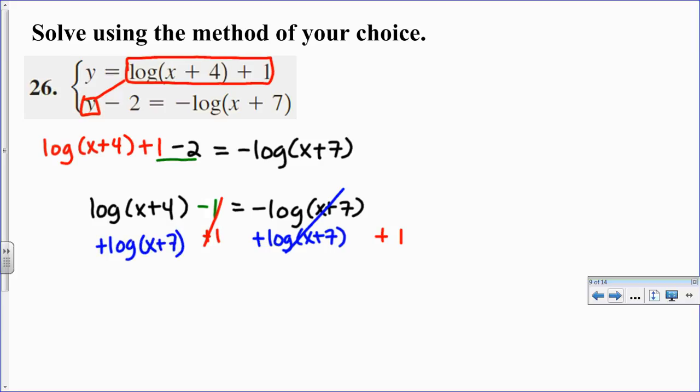Okay, so on the left, I have log base 10 of x plus 4 plus log base 10 of x plus 7 equals, on the right, I just have 1.